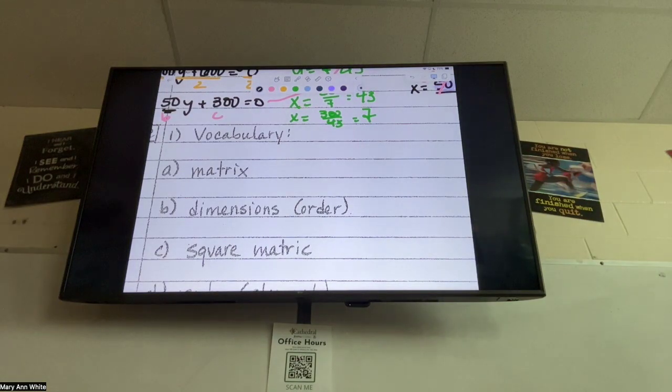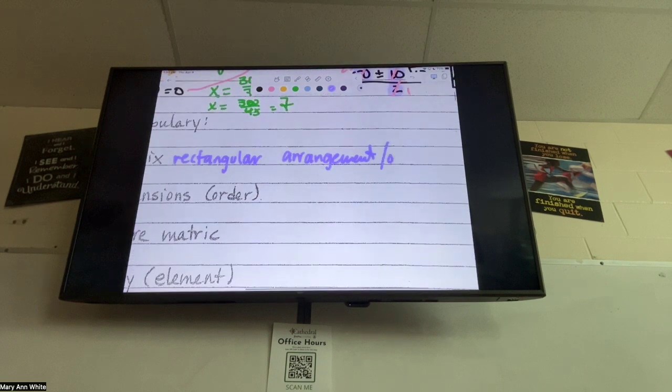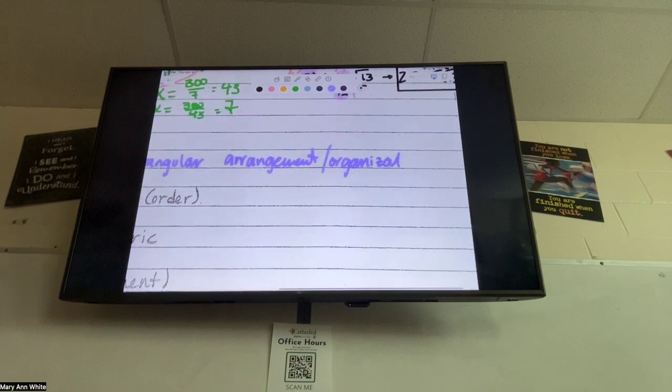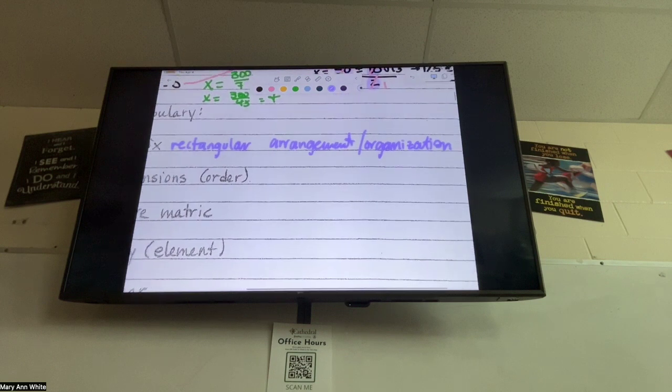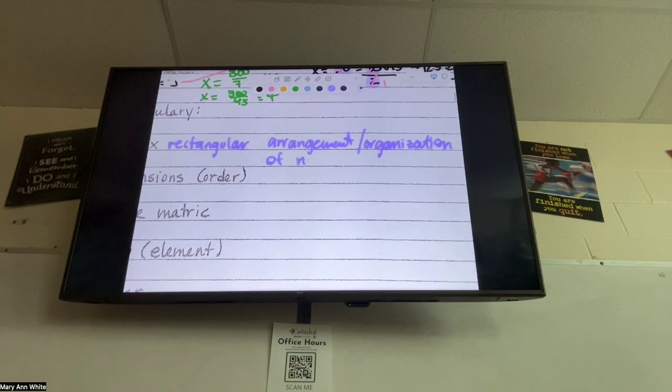A matrix is a rectangular arrangement, or if you like the word organization, you can use that word instead. It's a rectangular arrangement or organization of numbers.